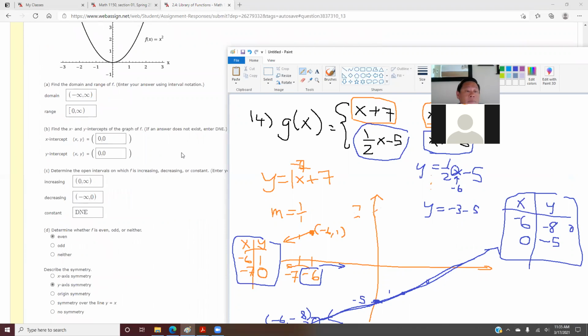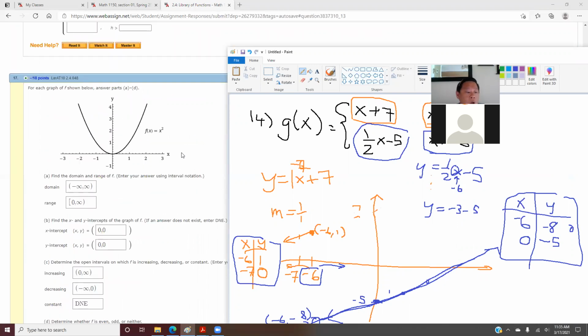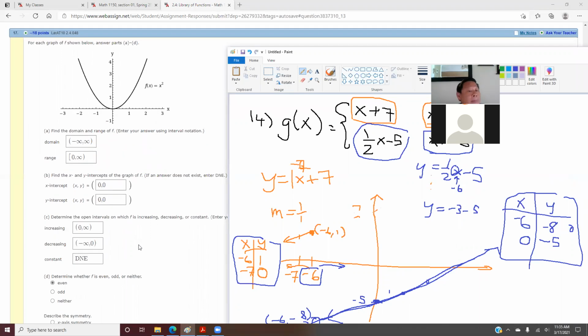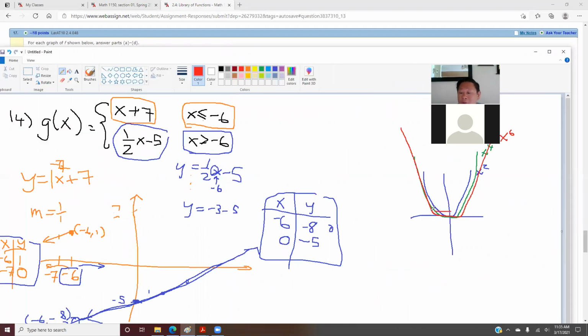So there is no constant? You mean this one? Yeah, there's no constant in this case. Even if x is to the power of 6, there's no constant. If you zoom right in here, it will still look something like this.